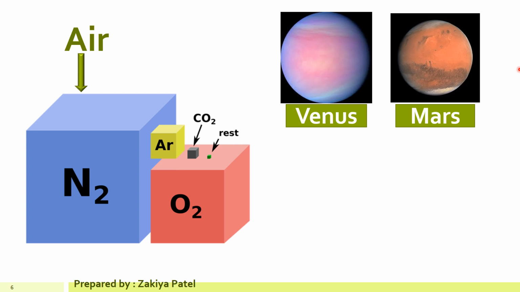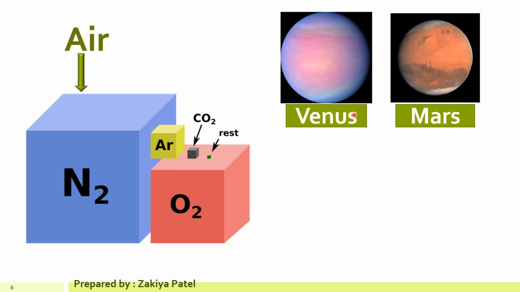But here one fact is that the planets like Venus and Mars, where no life is known to exist, have carbon dioxide as the major component of the atmosphere. It means what? On Venus and Mars, what is the main composition of the atmosphere? Air is present, that is carbon dioxide, in a huge amount.